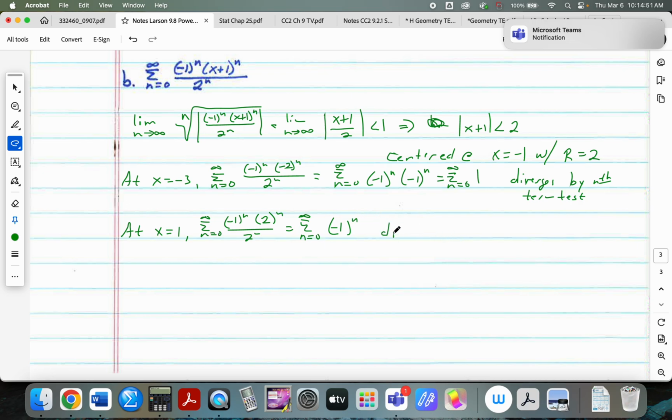This also diverges by the nth term test. So my interval of convergence would exclude both endpoints. It's from negative 3 to 1.